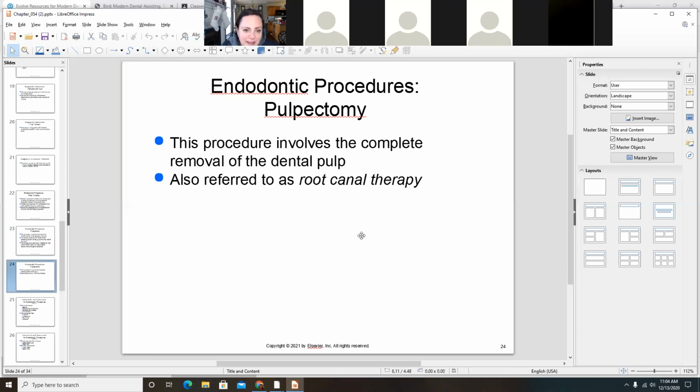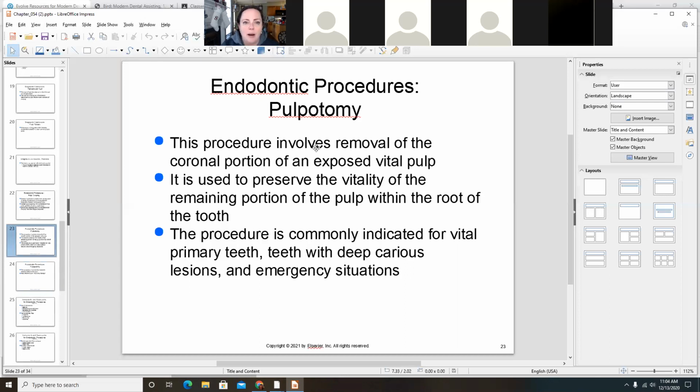A pulpectomy involves the complete removal of the dental pulp, and it is also known as a root canal. Okay, so pulpectomy is a root canal. Pulpotomy is removal of some of the pulp. Okay, pulpotomy is typically in baby teeth. Why? What's happening to the roots of primary teeth? They're resorbing.